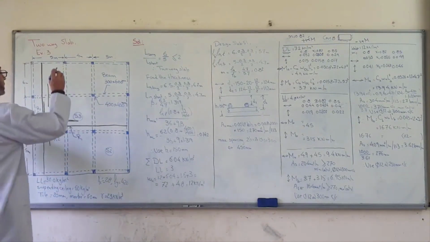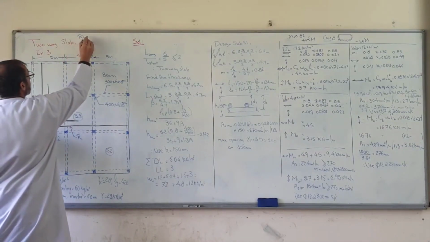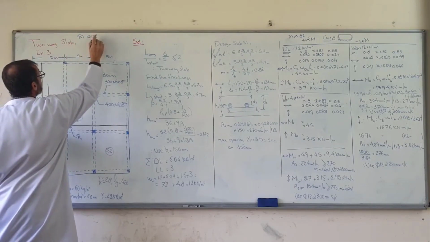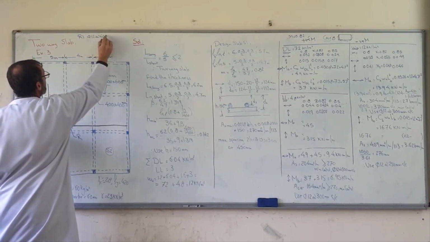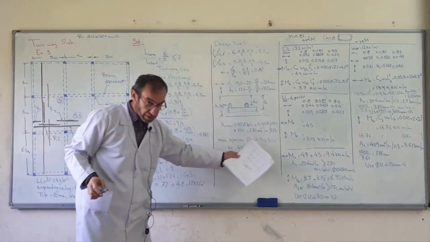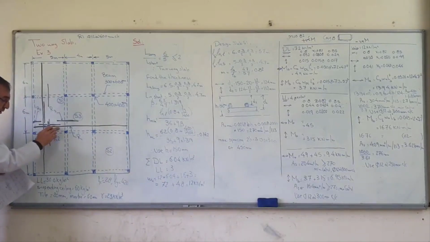I put R1. I try to write here: phi 12 at millimeter center to center. We found from the calculation. This is what we put. What is this?